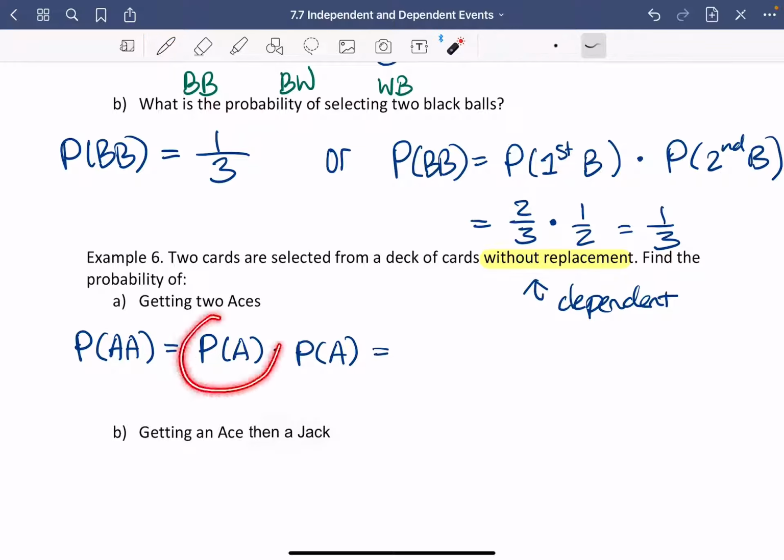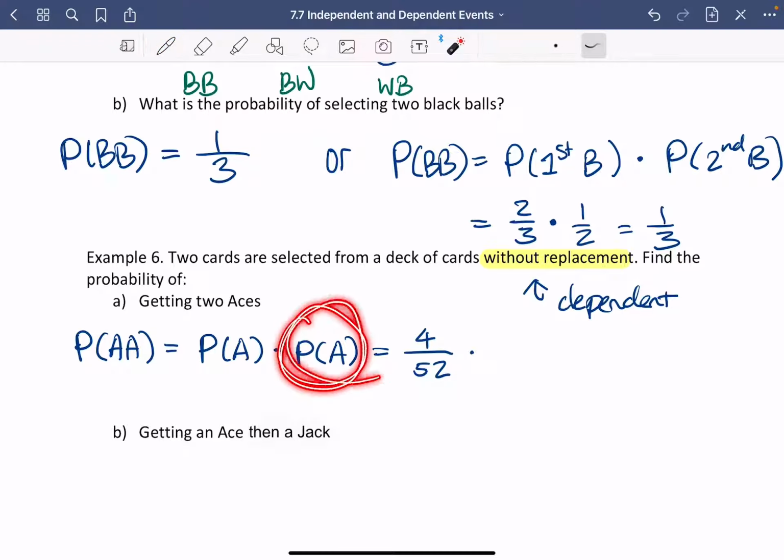So the first time you get an A, how many A's are there in a deck of cards? Well, there are 4. And then how many cards are there in a deck? Well, 52. Okay, now you've picked 1 ace. Now, the second time you want to choose an ace.